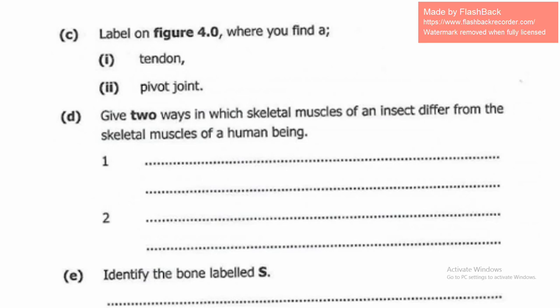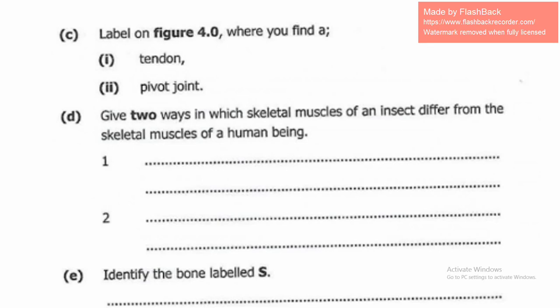Now, what is its main function? It prevents dislocation. Why should these two bones be connected together indirectly? I'm saying indirectly because there's something that is connecting them. They're not connected to each other directly.